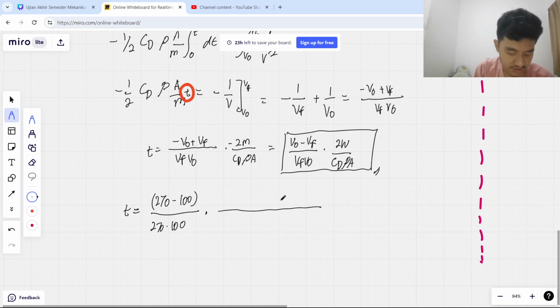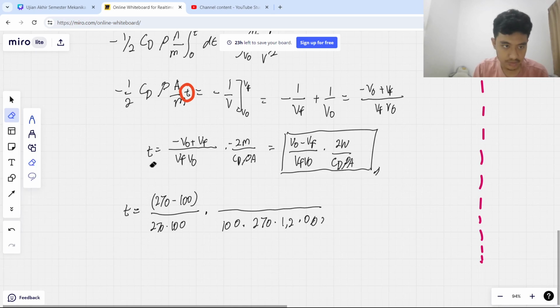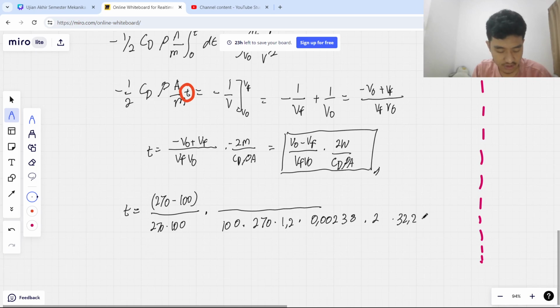So the drag coefficient is about 0.37, times 1.2 times 0.00238 for the slug, times 25 the reference area, times 32.2, times 5280 over 3600.